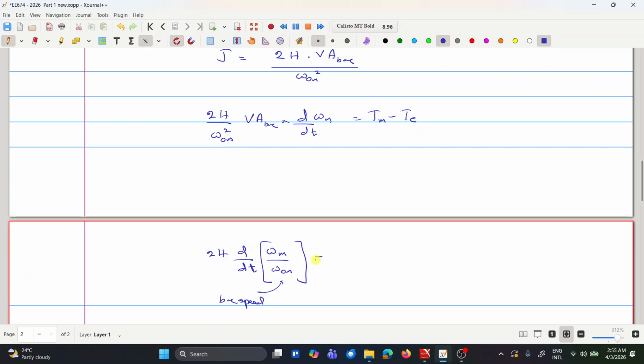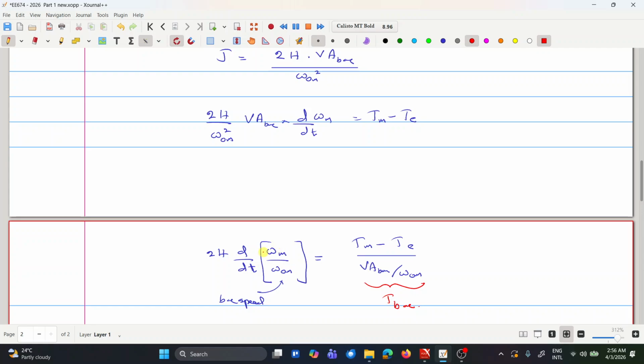Okay, and then I'm taking this Tm minus Te and this VA base over omega 0 m to the other side. So if you remember, the VA base over omega 0 m will give the base torque, right?